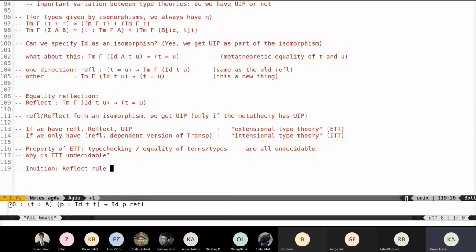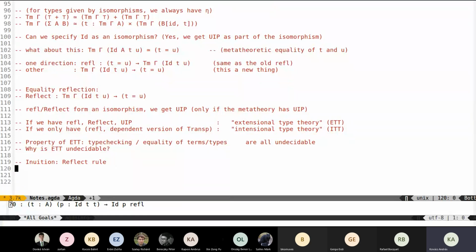It doesn't contain enough information. So the intuition is that ETT does not have enough annotations.